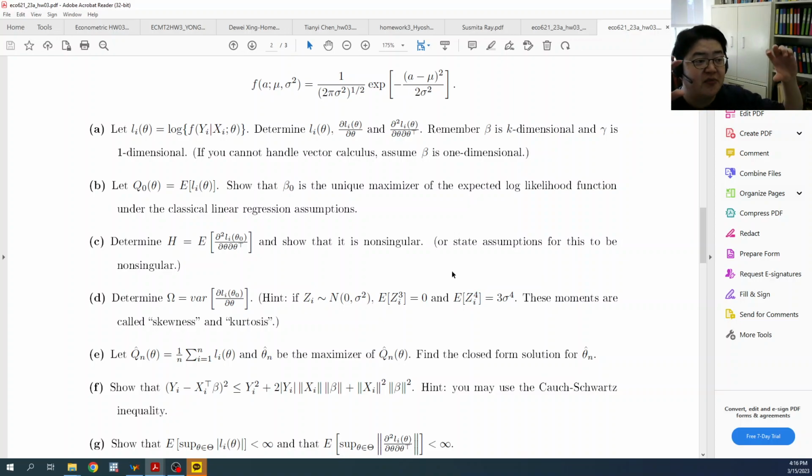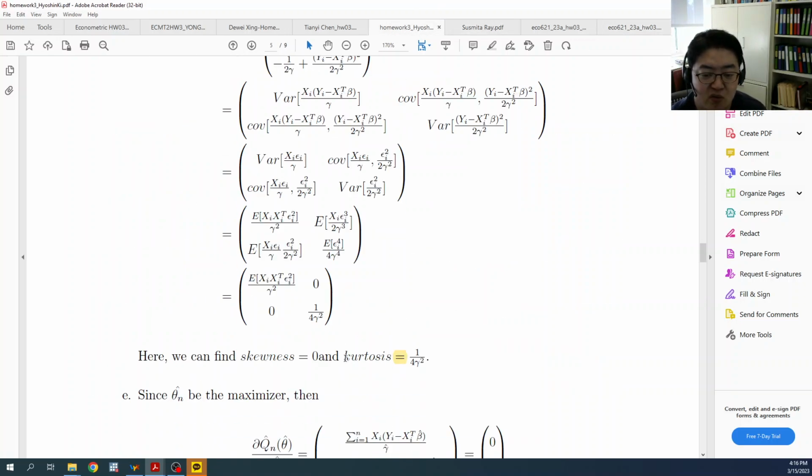That captures the thickness of the tail of the distribution. So if you are not familiar with kurtosis, you can just look it up on Wikipedia. There must be some simple explanation about kurtosis. This equality is not correct because kurtosis is misused.